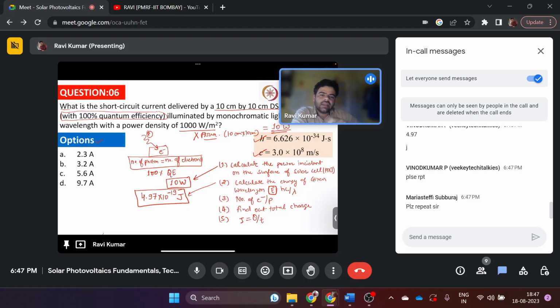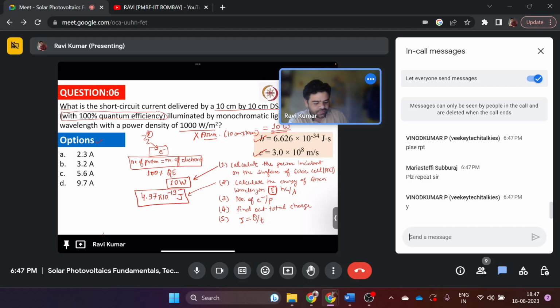But the energy incident on the surface of the solar cell is 10 joule per second. Means in 1 second there is 10 joule, and 1 photon gives only this much energy. So just consider 1 second only. In 1 second, how many photons will be needed to generate this 10 joule?